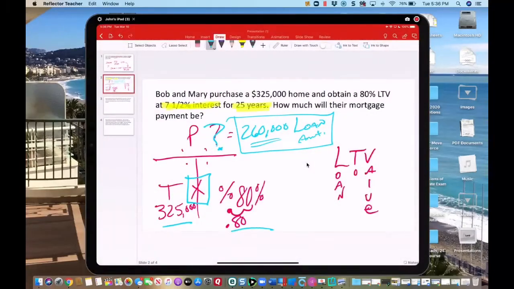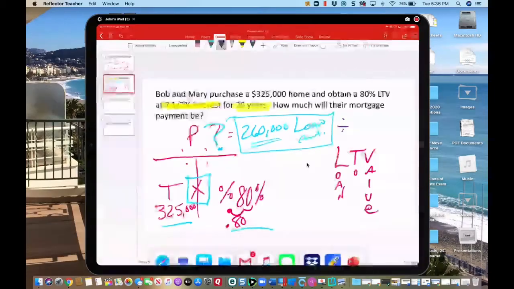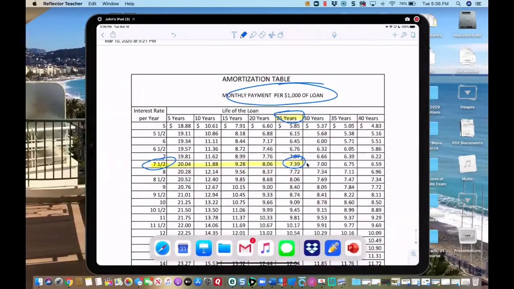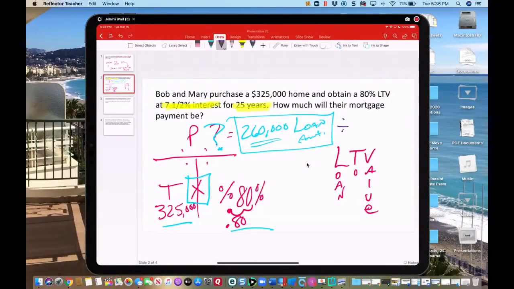So now I'm going to change this over to purple. The loan amount's $260,000, but we need to divide that by what? 1,000, per 1,000. So let's come back over here and take the 260 and divide it by 1,000. And that should give us 260.